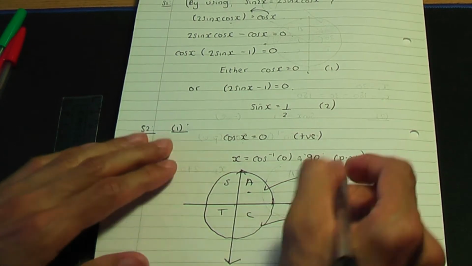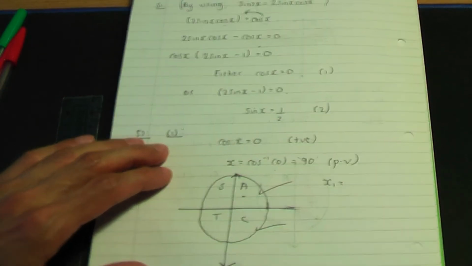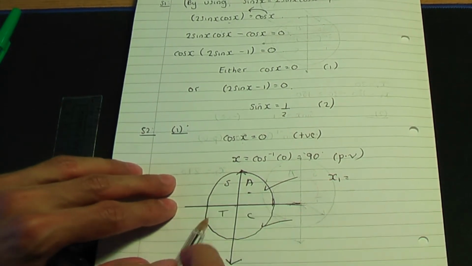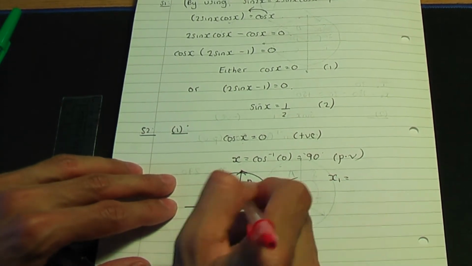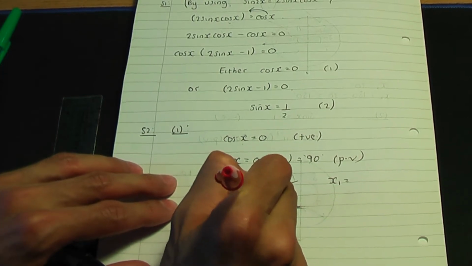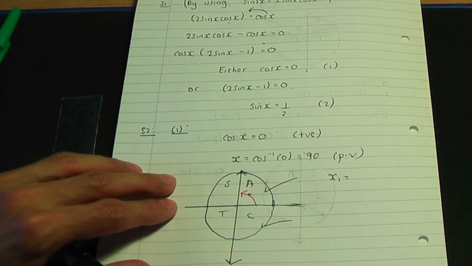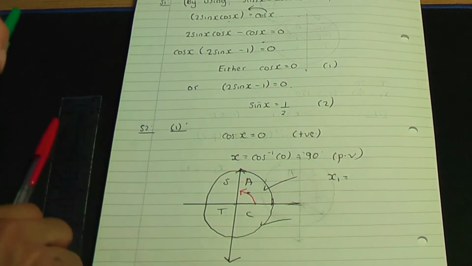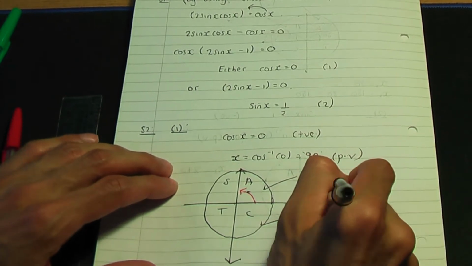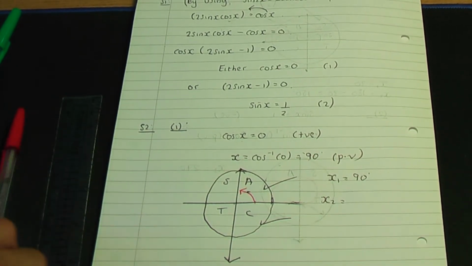I'll call the first solution x1. Taking my red pen, measuring the solutions from the initial line, 90 degrees from the initial line in the anti-clockwise direction, since we're calculating positive solutions. So the first solution is 90 degrees. The second solution, I'll name that x2.